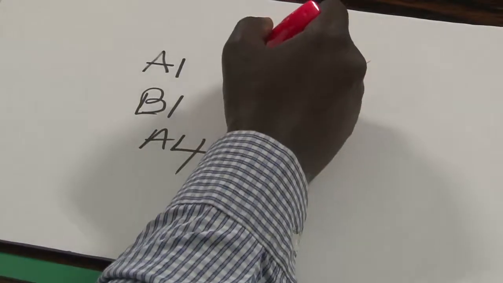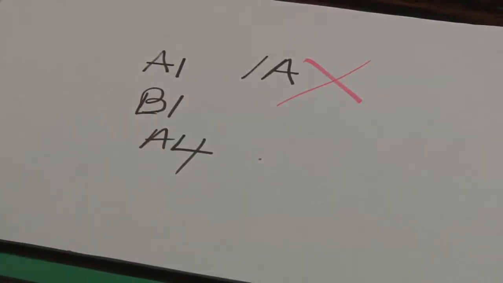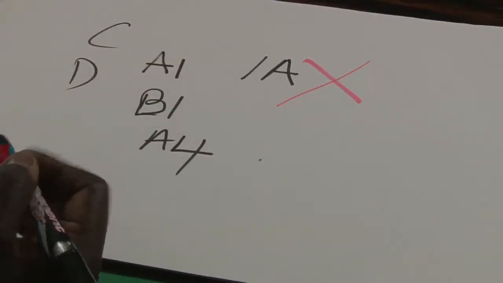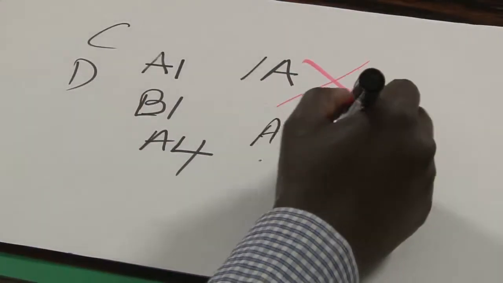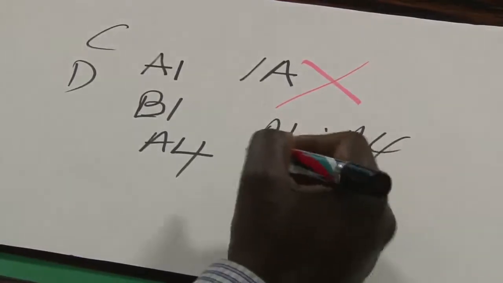So you don't write 1A, it should be A1. And some students write just the column. They just write C. No. I did not say give me a column. I said give me a cell. They just write D. D what? And don't give me a range here, like A1 to A4. Be specific where I can see the answer. Is that point clear?